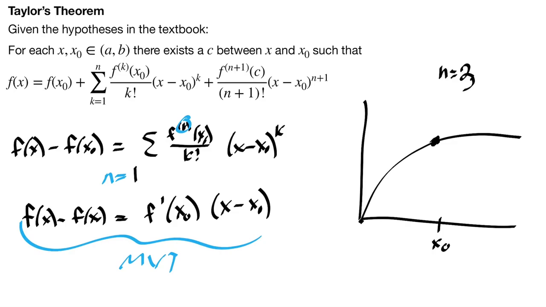And so what's happening is as n gets larger, I'm trying to estimate this point as closely as I can with higher and higher polynomials. And that's exactly what this thing right here is doing, because you'll notice our power of x keeps going up, so we're going from x to the first to x squared to x cubed to x to the fourth, so we're getting higher powers of x.